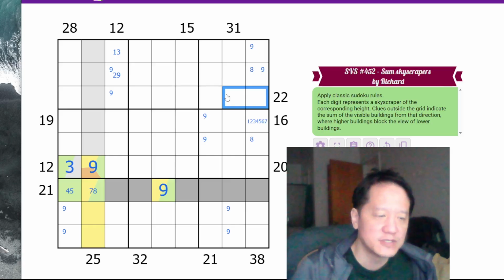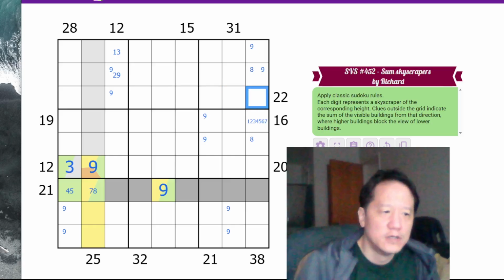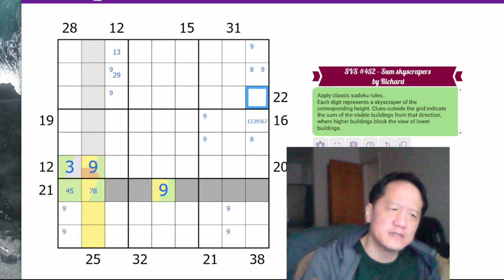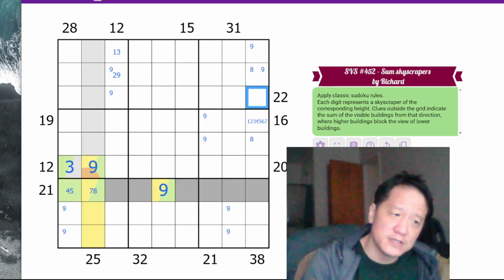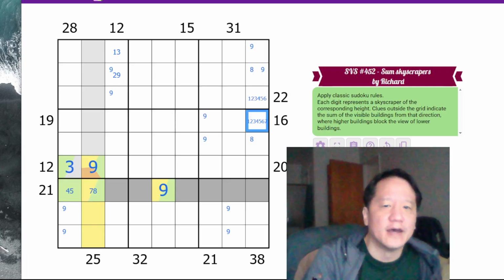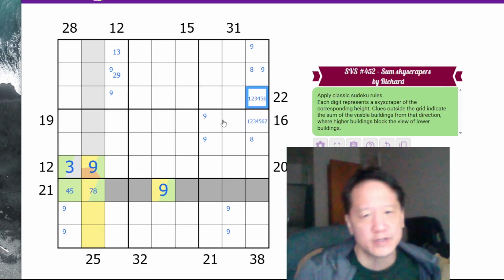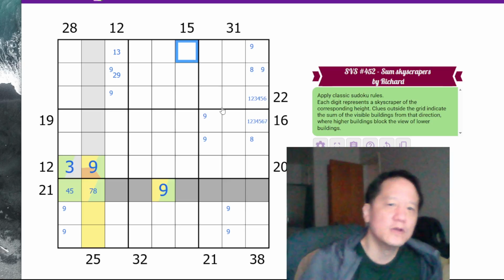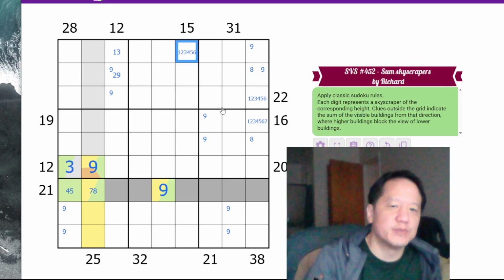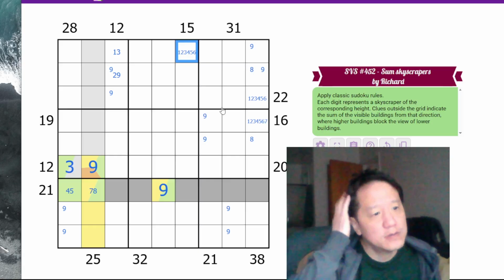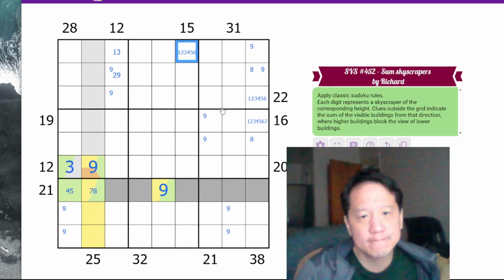And that adds up to 16 or 24. Can it be 6? It could be 6 because 6, 7, and 9 add up to 22. So that's possible there. To add up to 15, it's only 1 through 6 as possibilities there. Okay.